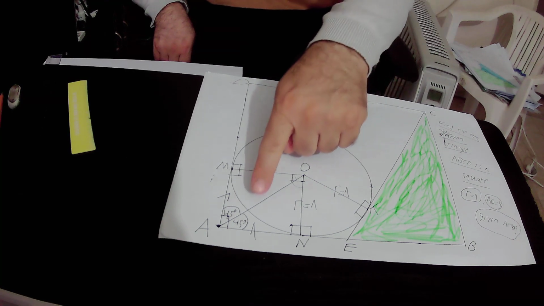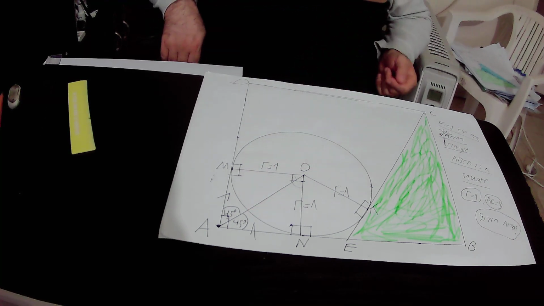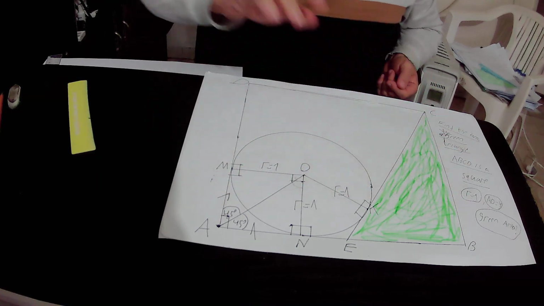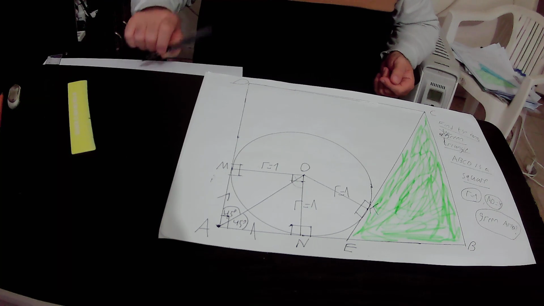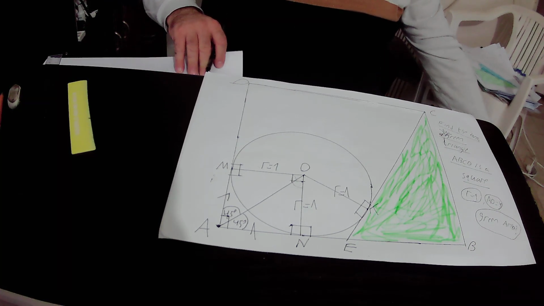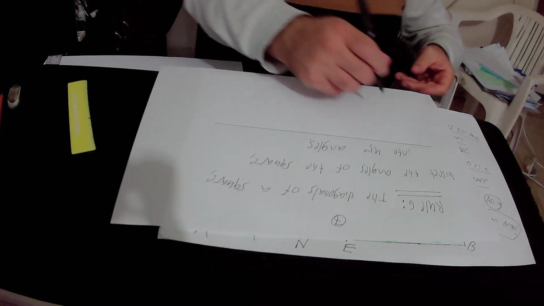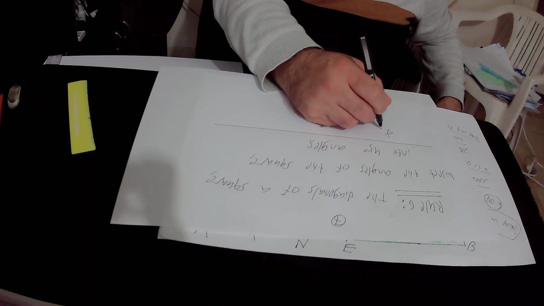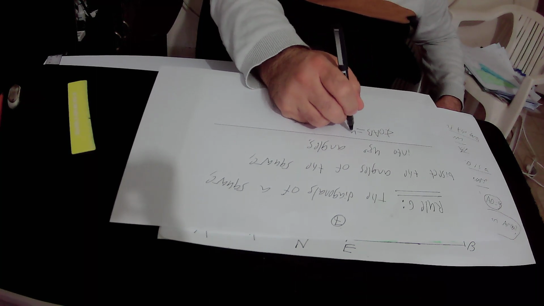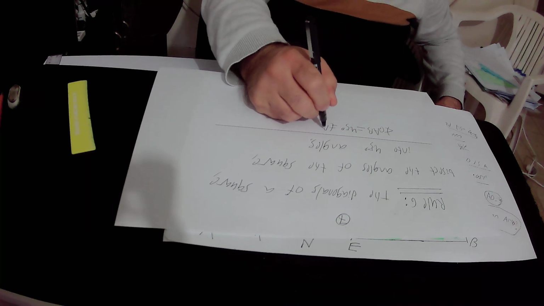Therefore, it will still remain an angle that equals 45 degrees. So we can write down that angle OAB equals 45 degrees according to rule number 6.